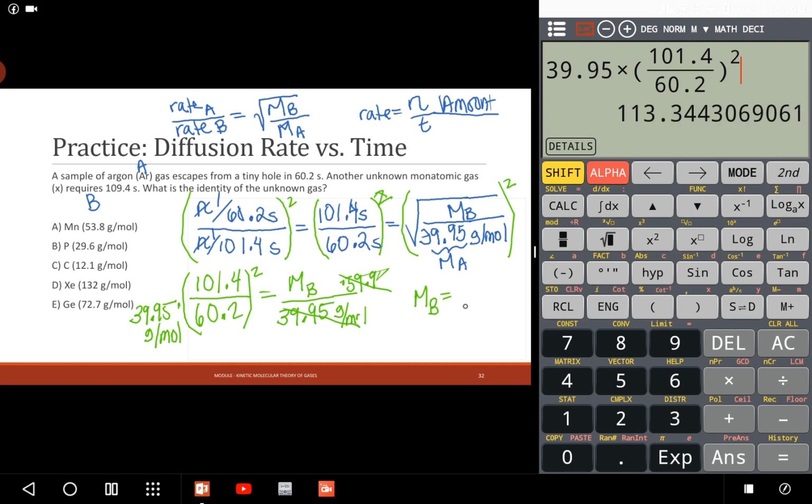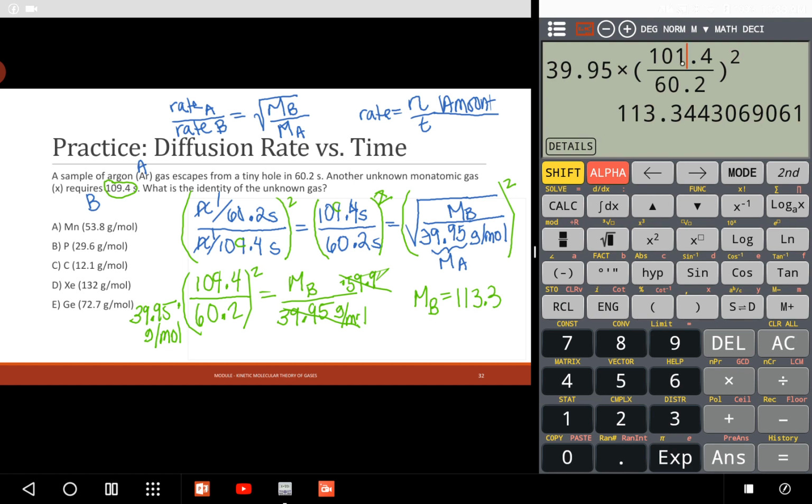So my molar mass is 113.3, which is not one of the options. Hold on. Okay, I found my problem, and it probably comes back to my tablet not writing down my numbers or having a delay. That's a 9 right there. So let's delete that and put in 9.